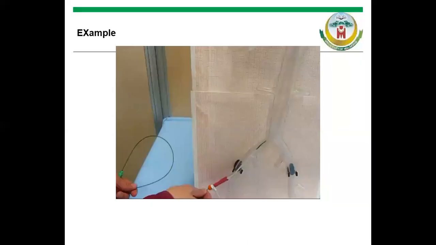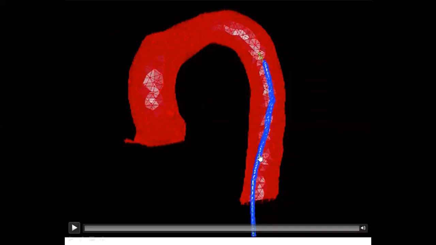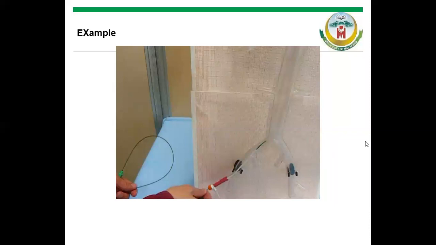In this demonstration, we have replaced the physical model as well as the physical wires, and we have used a computer program to demonstrate the whole procedure. Okay, so this is actually simulation. This procedure is also simulation.